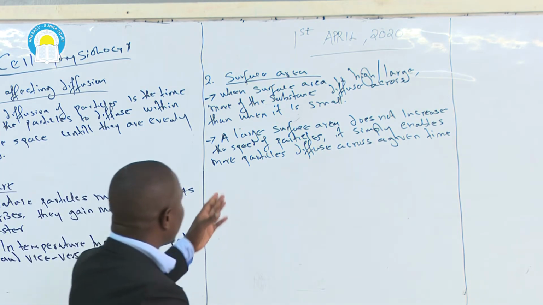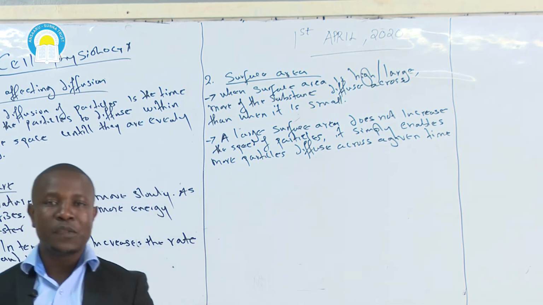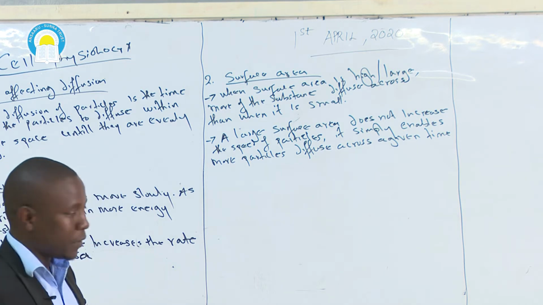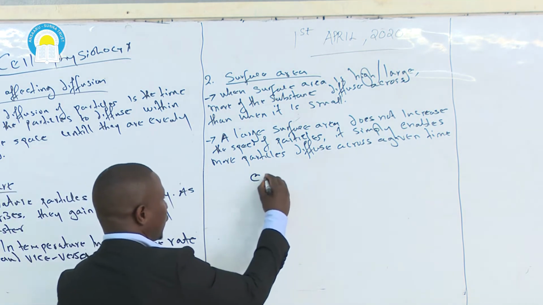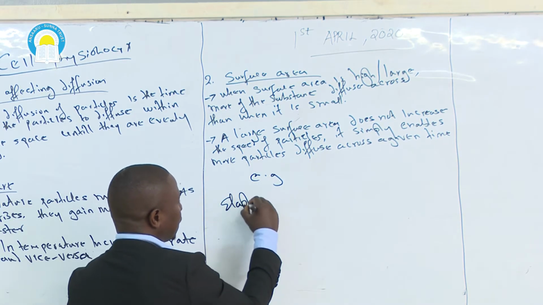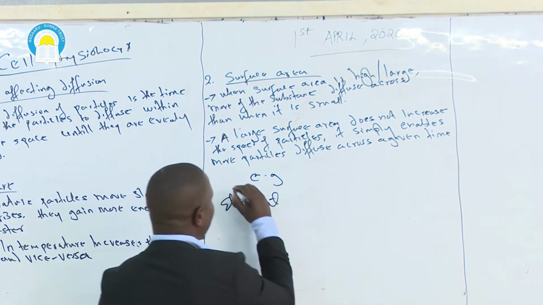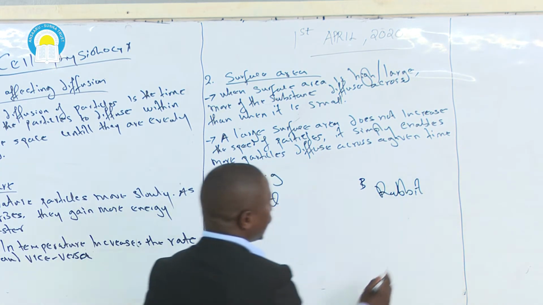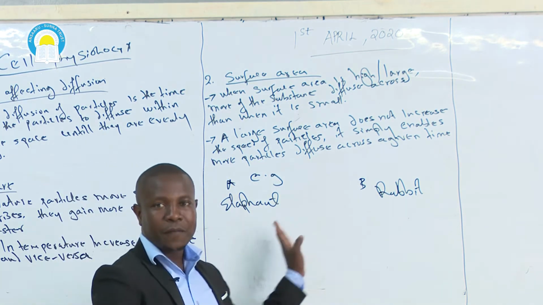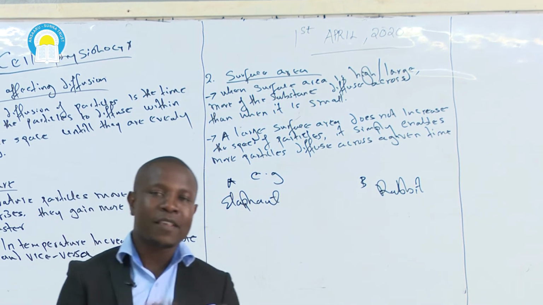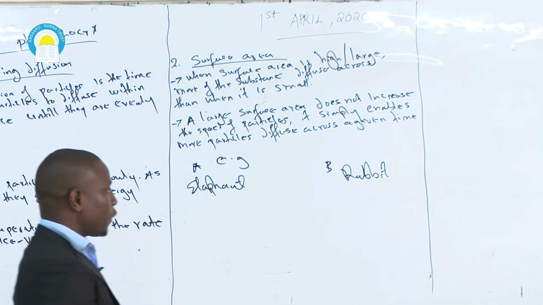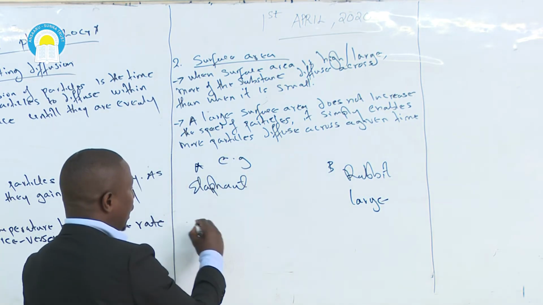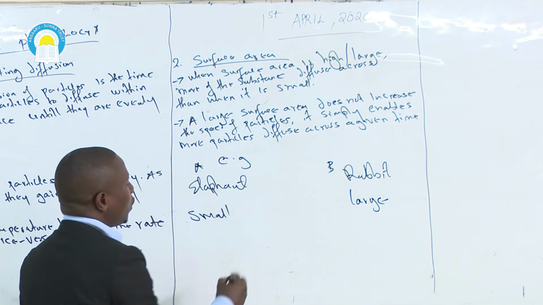Another point on surface area: we normally use organisms, for example, an elephant and a rabbit. The elephant is organism A and the rabbit is organism B. Between the two, which one has a large surface area to volume ratio? The rabbit. So the rabbit has a large surface area, while the elephant has a small surface area.